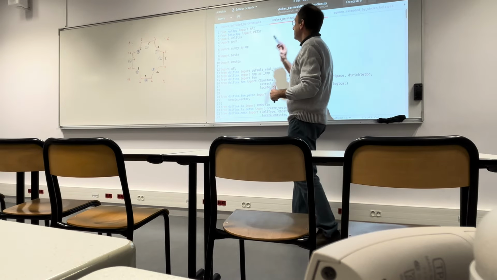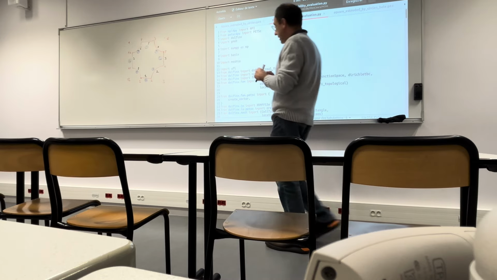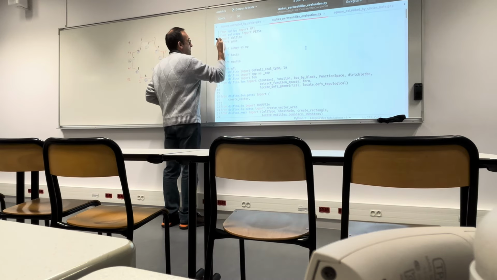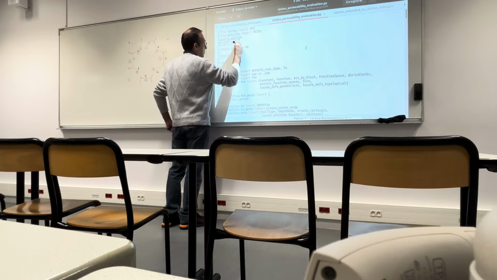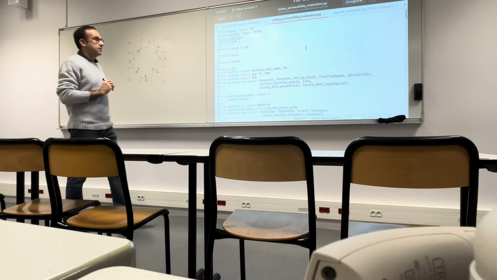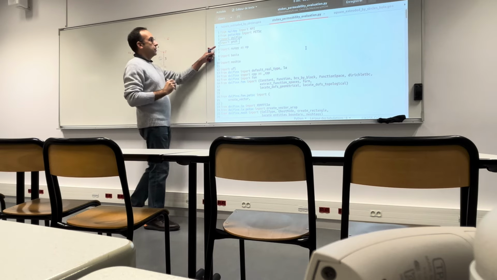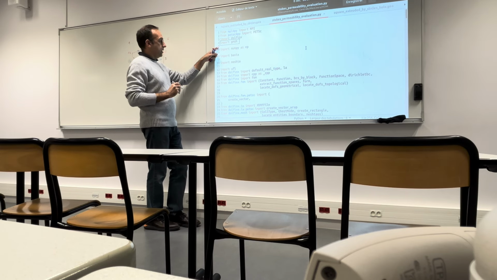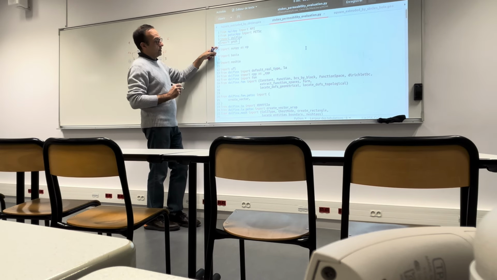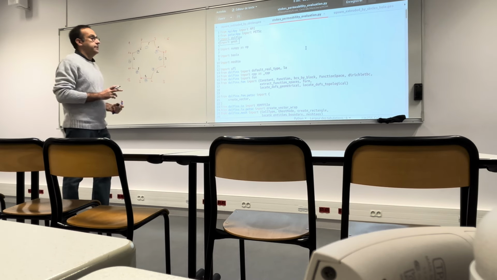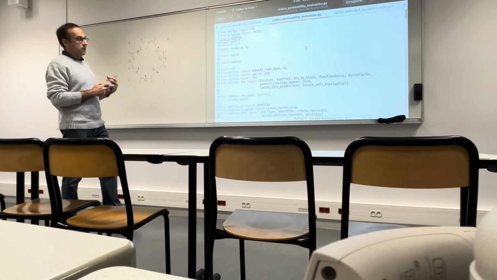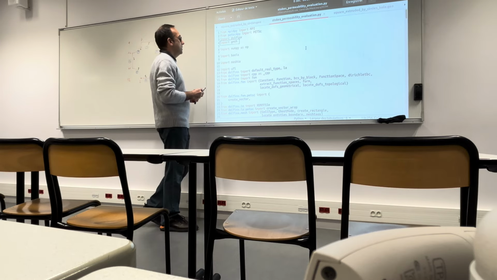So the main point for the moment is that you have to import GMSH, because we need to use functions able to manipulate the file that we have generated within GMSH.